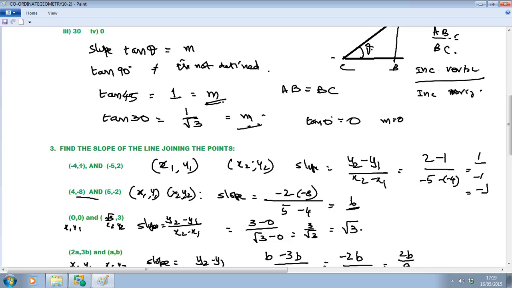Note the points minus 4, 1, and 5, 2, and another set of points, 4, minus 8 and 5, minus 2. These are two different lines. Join the line, extend it, and see how it behaves. Draw a rough graph and find out.